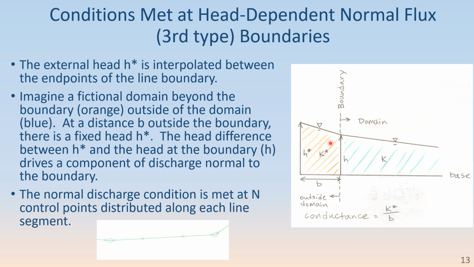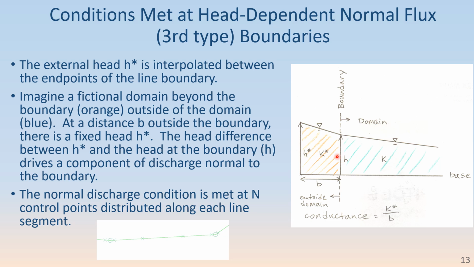And then Darcy's law is used to compute the discharge that would result coming from this orange area through the domain boundary here. And that's based on the head difference, and actually it uses potentials. It computes a specified potential out here based on your inputs, and it knows a potential here, and it computes the flux, which is the gradient of the potential from here to here.